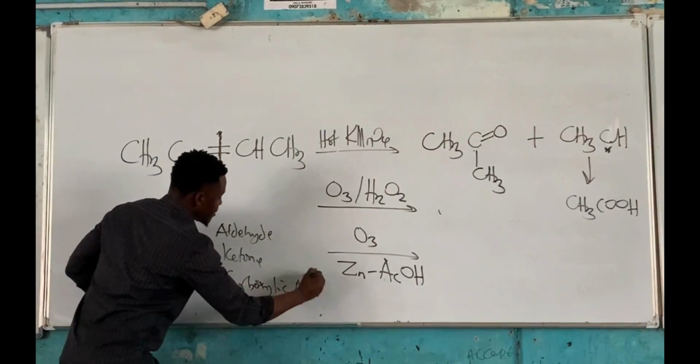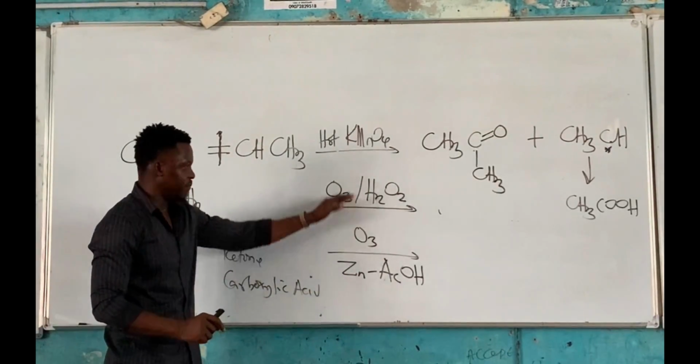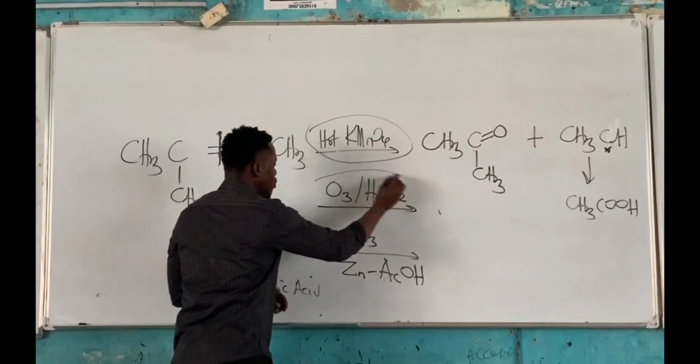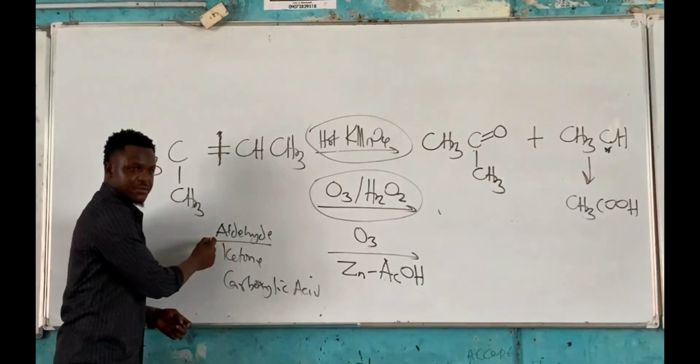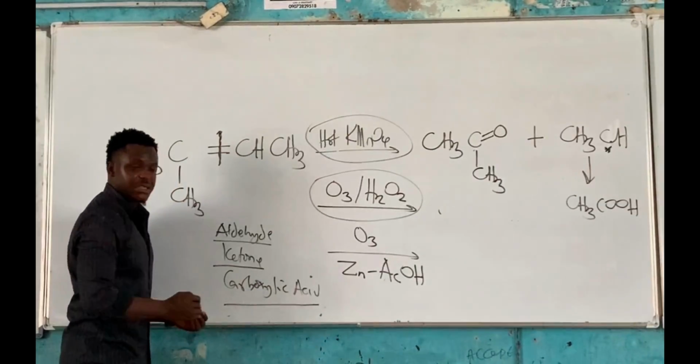But let me tell you something that distinguishes this one from the remaining two. If you're using hot KMnO4 or ozonolysis followed by peroxide, they will never give rise to aldehyde. They can only give rise to ketone and carboxylic acid.